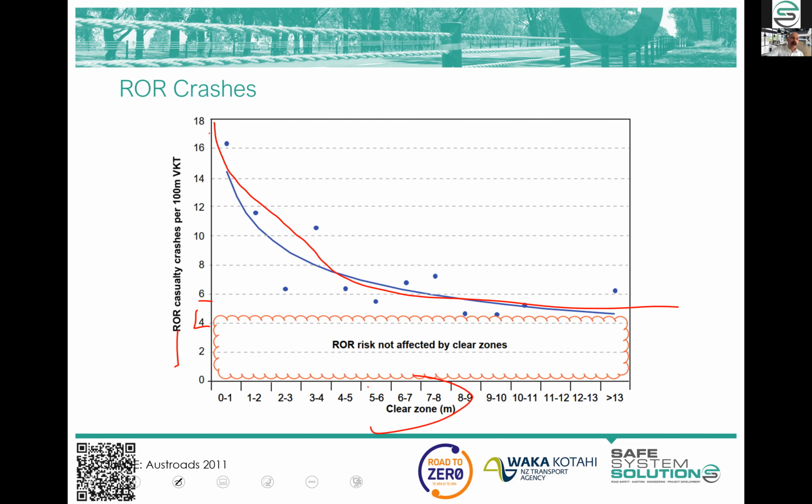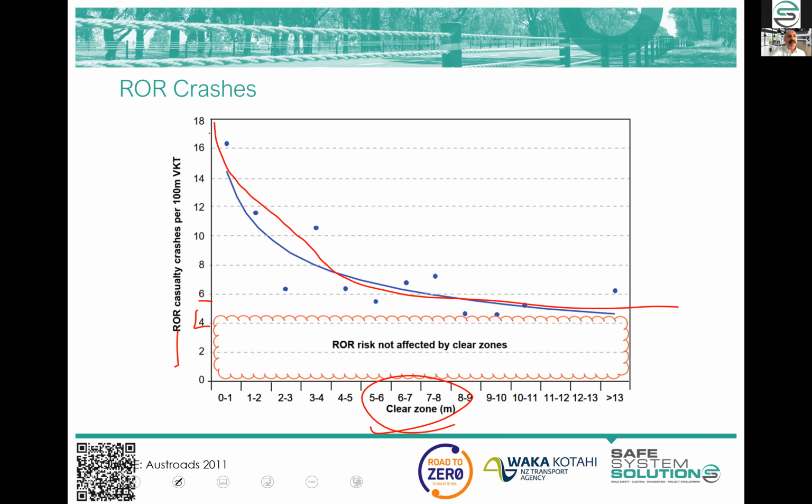So clear zones have actually been phased out as a particular technique under the Australian Guide to Road Design Part 6. It's certainly not the way we're thinking about roadside hazards in that old traditional clear zone way. A couple of reasons for that, but the big one being that people used to think that once I calculate a clear zone, and some of you are very familiar with calculating clear zones, you've got your vehicle volume, your speed, and is it on a curve or not, and it spits out a number, and maybe it's a 9 meter clear zone.